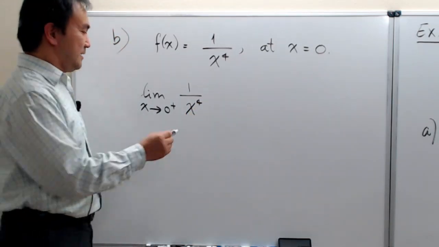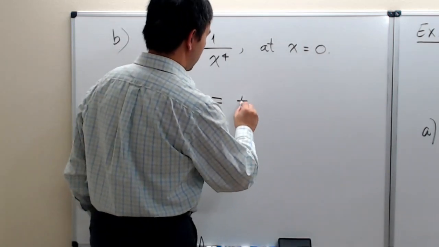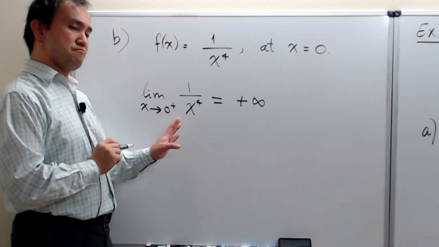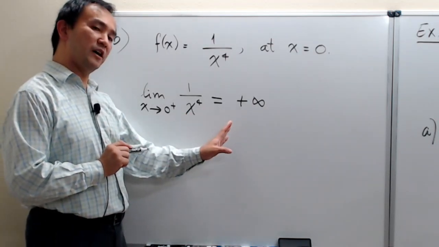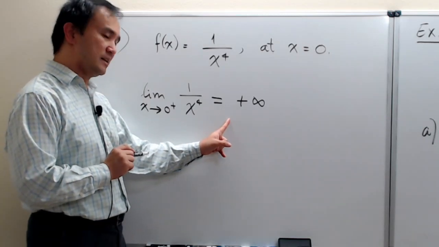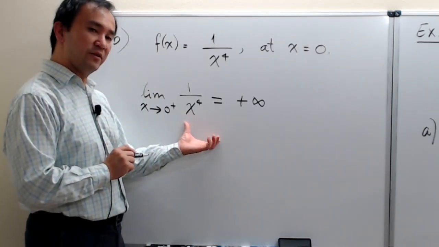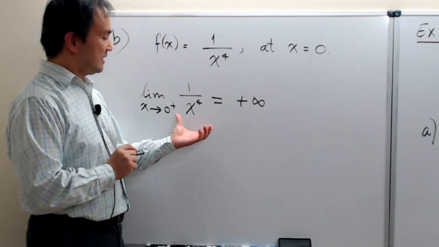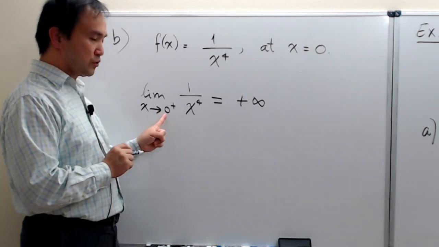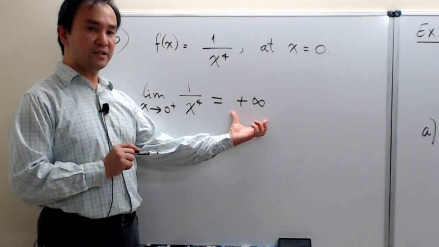This limit will give us a positive infinity. Once again, I don't want to move on too quickly, so I need anyone viewing this video to pause the video, construct a table of values for yourself, just like we learned in the earlier lectures, and convince yourself that this limit as x gets close to 0 from the right-hand side will produce a positive infinity.